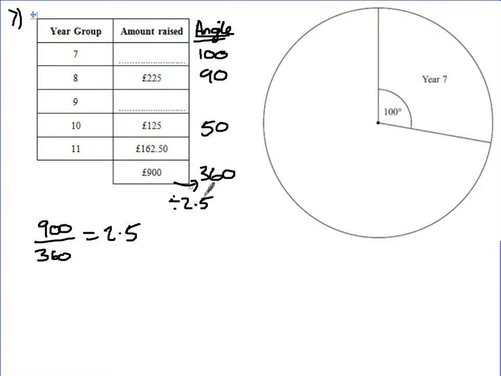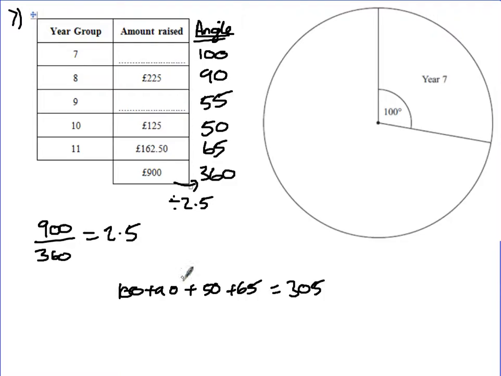Just double checking here, I've got 162.50, divide that by 2.5 again, and that's 65. So I can then fill in this gap, because if I add my 100, my 90, my 50, my 65, that gives me 305. So this here must be 55 to make it up to 360.